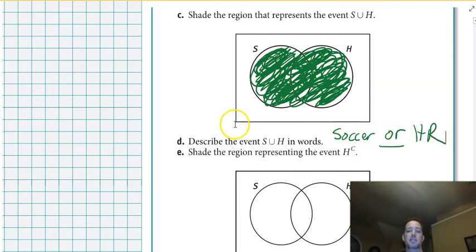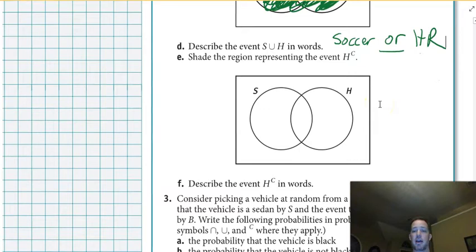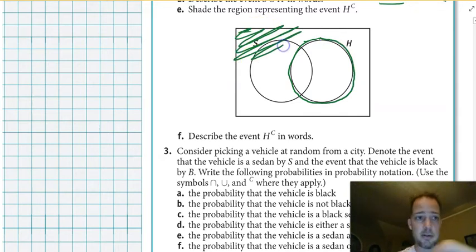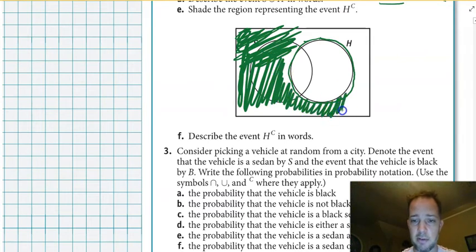All right, so last one is shade the region representing the event H complement. So this is everything outside of H. So anything outside of H is going to get shaded. Everything outside of the circle for H is supposed to be getting shaded there.